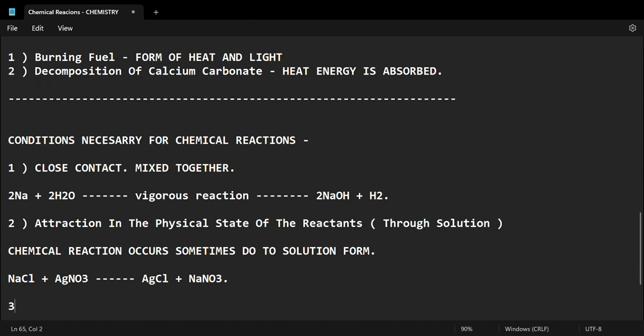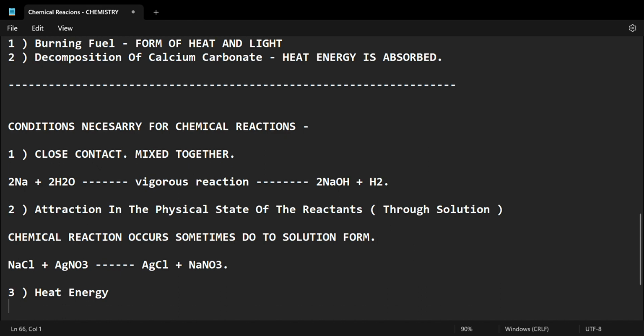Now let's go for the third, which is heat energy. Sometimes heat is also needed. Some chemical reactions take place only in the presence of heat. When lead nitrate is heated, it breaks down into lead monoxide, nitrogen dioxide, and oxygen.